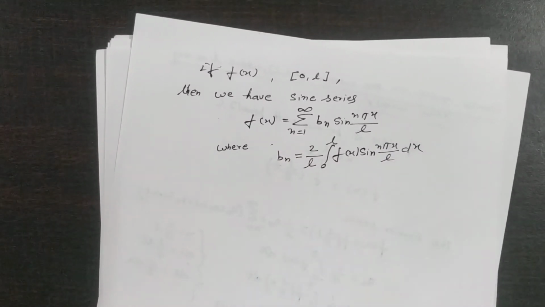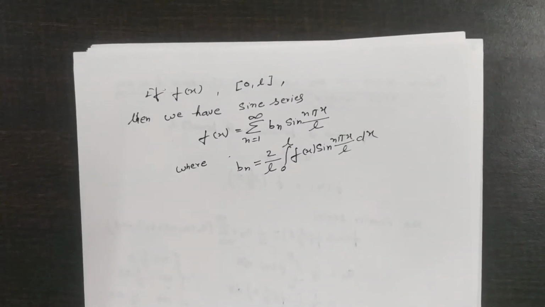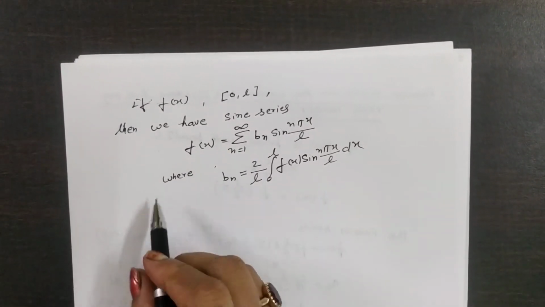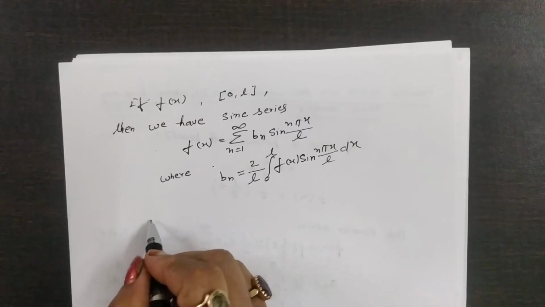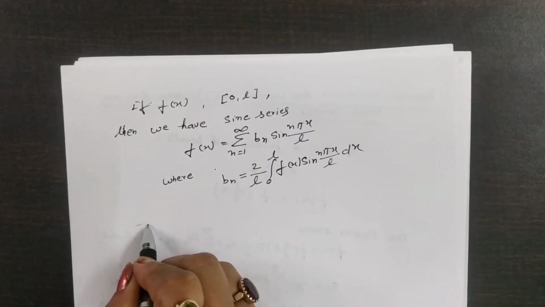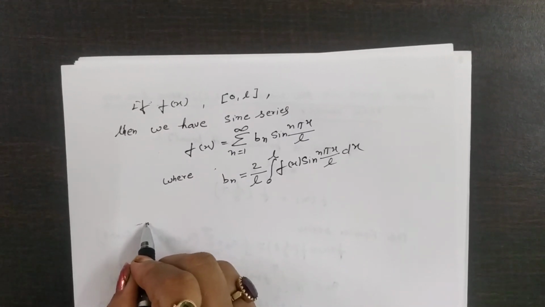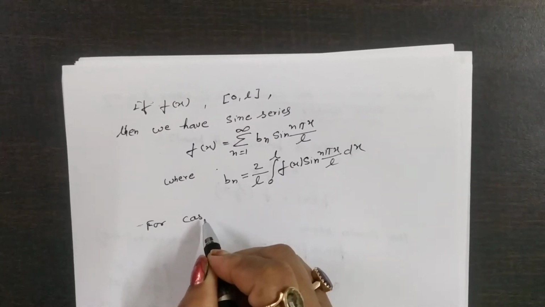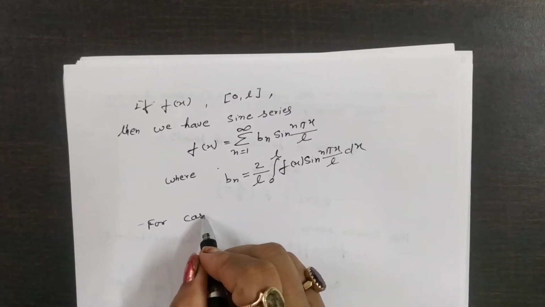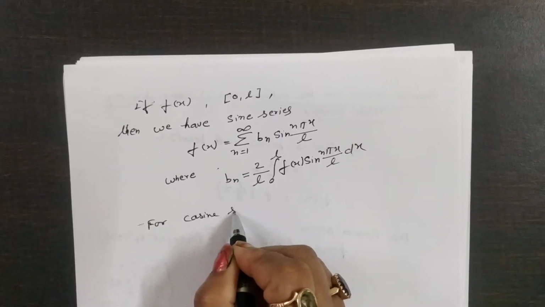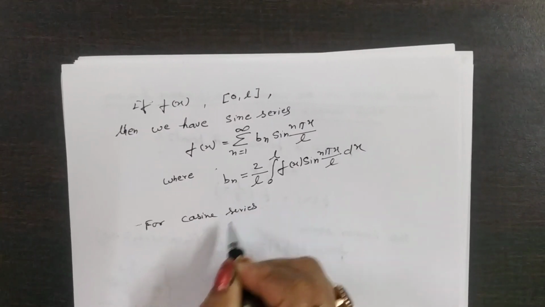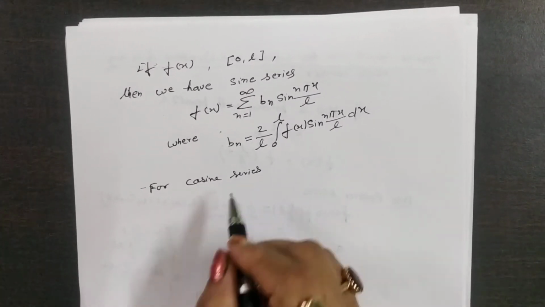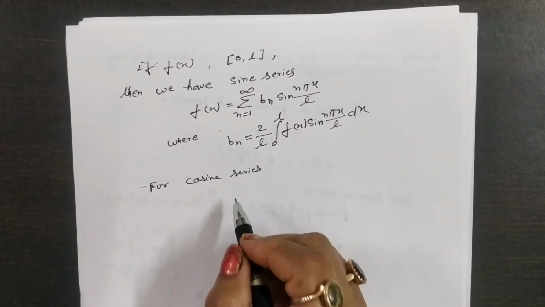Yes, clear? Similarly, for the half series, if f of x is defined on 0 to L, for the cos series, you know that you get the cos series for even functions.